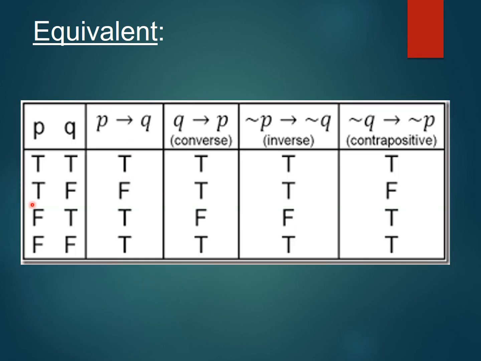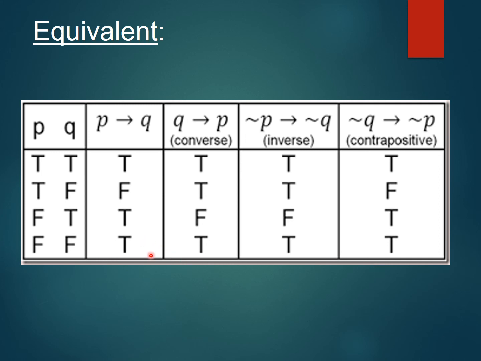Now looking at the truth table for equivalence, the conditional statement is P implies Q, the converse is Q implies P, the inverse is not P implies not Q, and the contrapositive is not Q implies not P. If you observe the whole truth table, then the statement P implies Q and its contrapositive both have the same truth values.